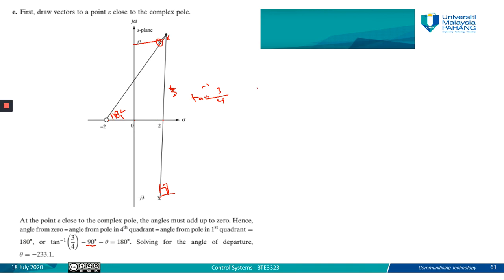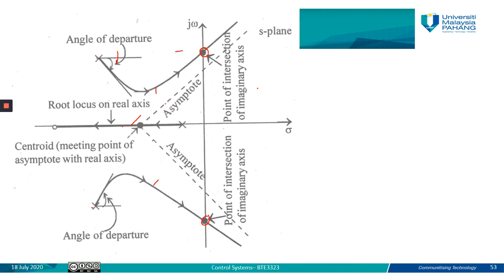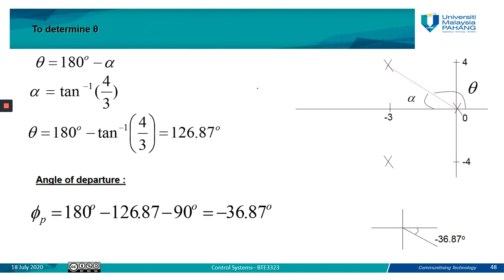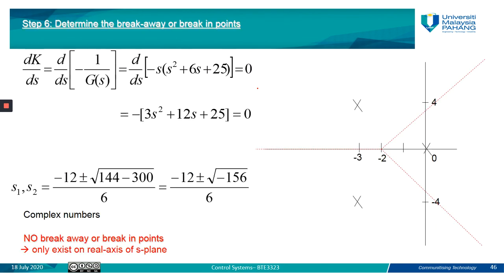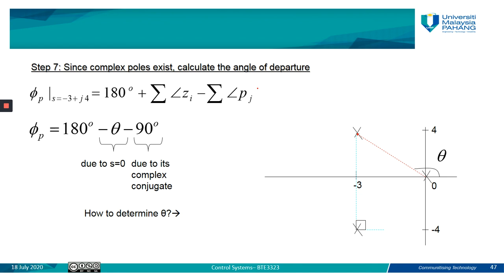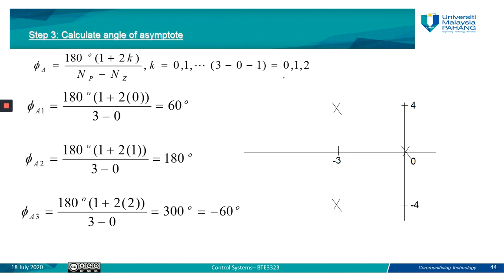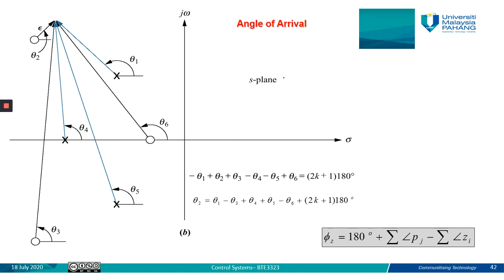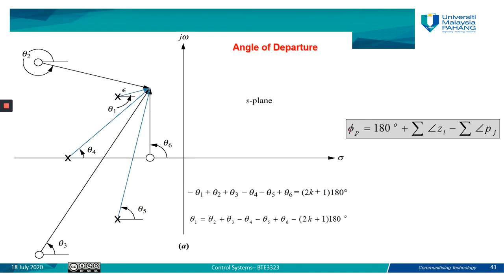According to this formula, the one we have for the angle of departure and angle of arrival, you can see here: 180 plus angle of zeros minus angle of poles. This is if we want to find the angle of departure for a system, as when we studied the angle of departure and angle of arrival.